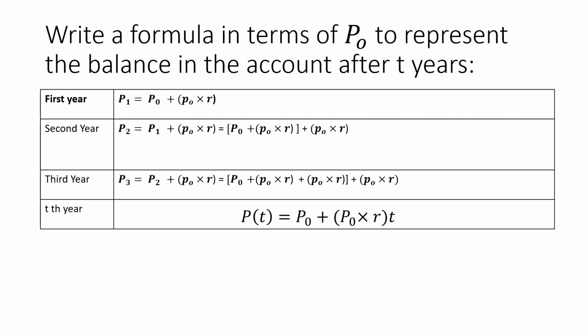Just to generate the formula: the first year you have 1,000 plus 50. Second year you have 1,000 plus 50 plus another 50.